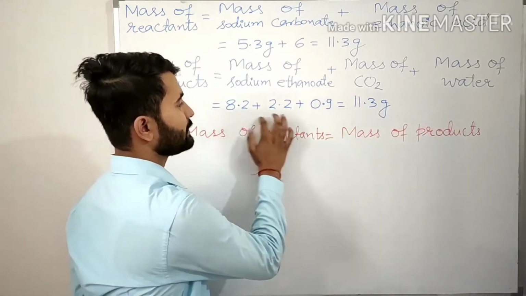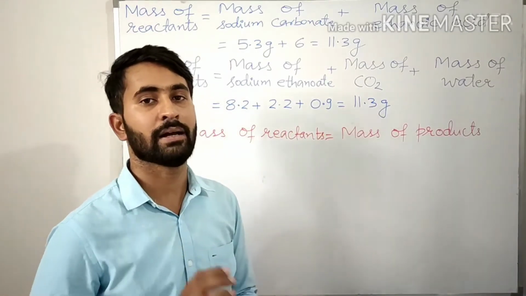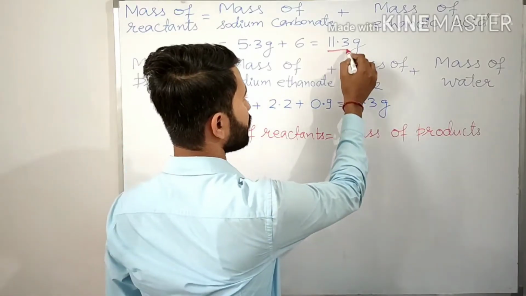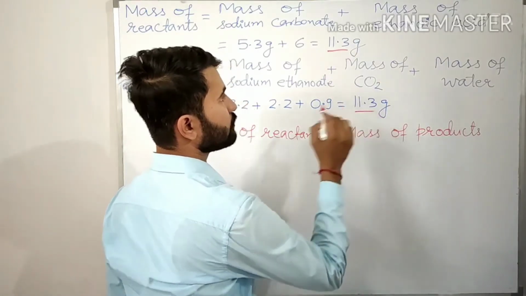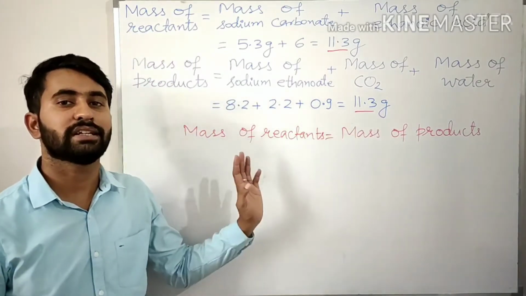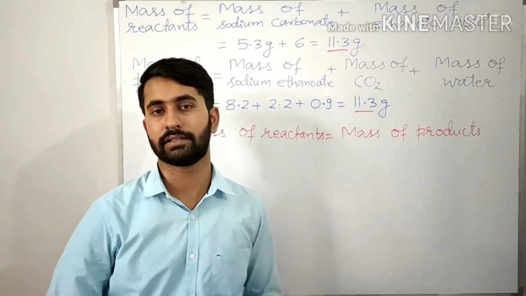When we add these three, we get 11.3 grams. So here we can see that the mass of the reactants is equal to the mass of the products. So this reaction verifies the law of conservation of mass.